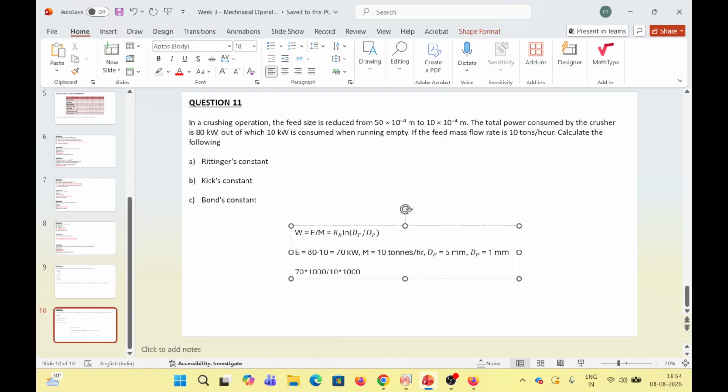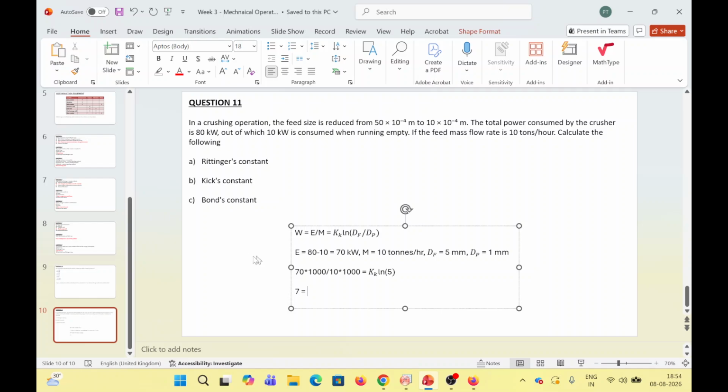I'm going to calculate it in terms of kgs and watt per kg hour, so that would be easy for me. So dF by dP is going to be 5, right? ln 5. So if you do the calculation, it's going to be 7, because 1000 can cancel, and 70 by 10 is 7.